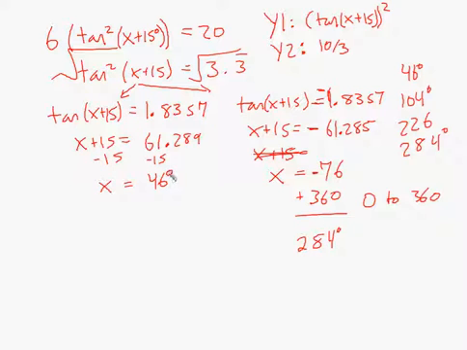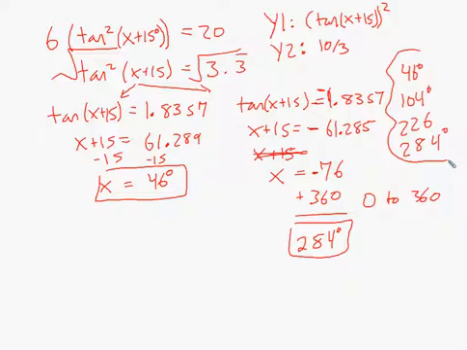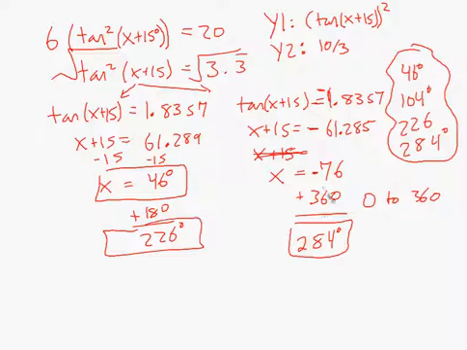Okay, so that's what I am going to be looking for as far as work. And then you can use your calculator to generate these other answers. Now we can get the other answers by thinking, okay, where's tangent positive? Well, quadrants 1 and 3. So I would take and add 180 to this, and that will give me my 226 because that will give me a quadrant 3 angle.